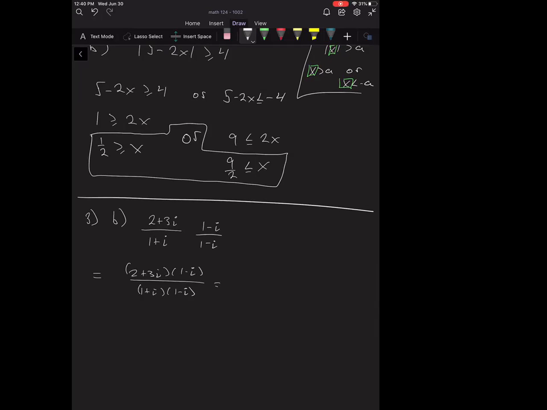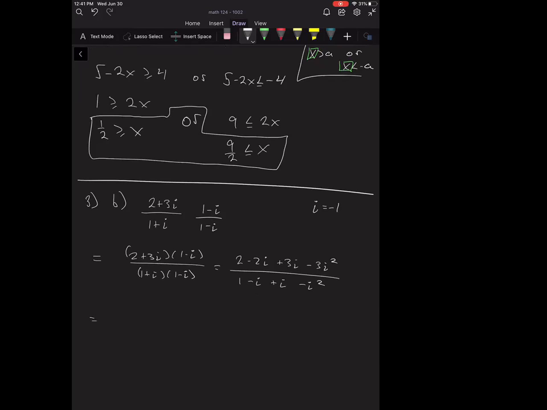If we FOIL out on the top, we're going to have 2 minus 2i plus 3i minus 3i squared. And on the bottom, we'll have 1 minus i plus i minus i squared. Remember, i squared is equal to minus 1. So let's replace all that.